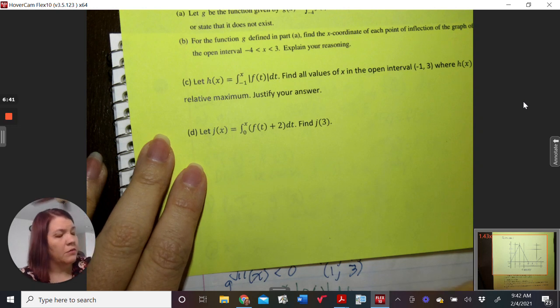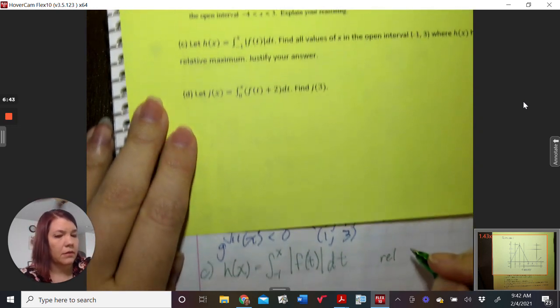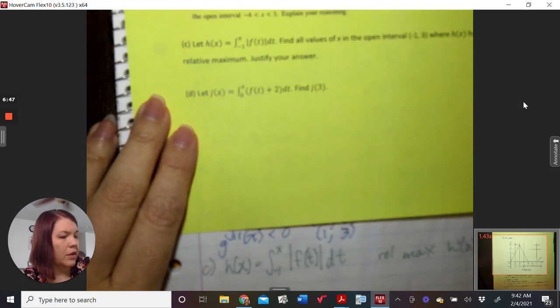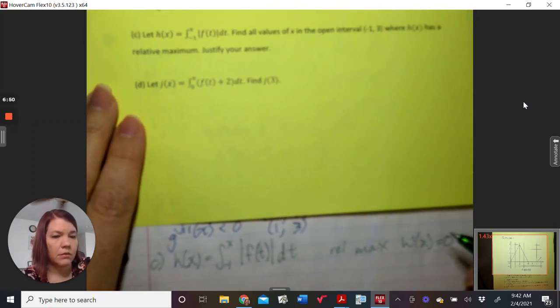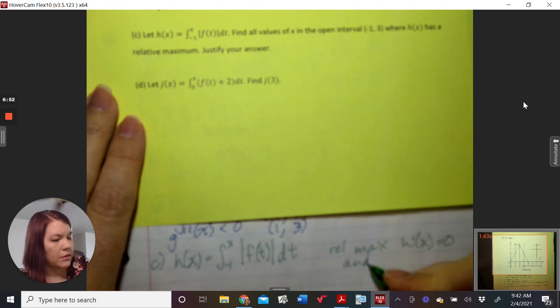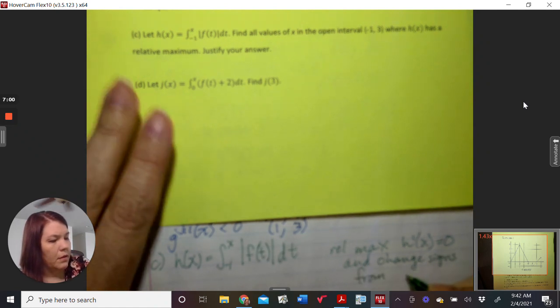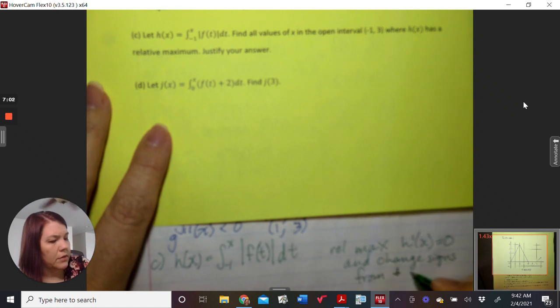Relative max means that we're looking for h prime of x to equal 0 and change signs from positive to negative.